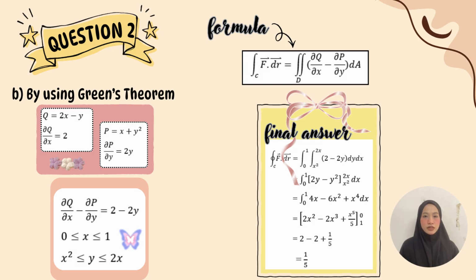After integrating with respect to y, then x, we simplify to the integral of 4x − 6x² + 2x⁴ dx from 0 to 1. Solving this gives us 2x² − 2x³ + 2x⁵/5 from 0 to 1, which equals 1/5.